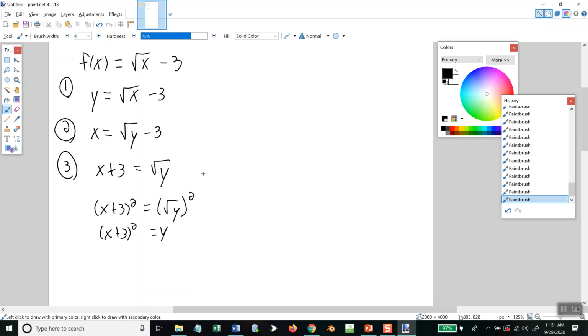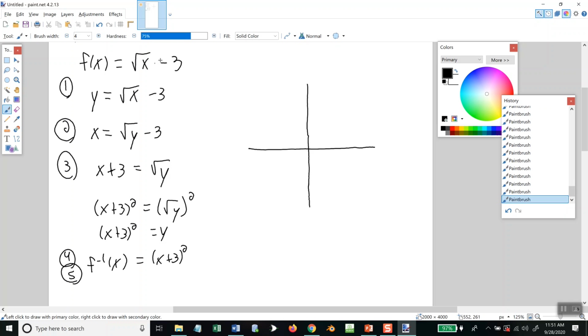Step 4, put our inverse notation in. Now step 5, we've got an even power. You can't have an even power for an inverse, so we need to graph this and see what's going on.